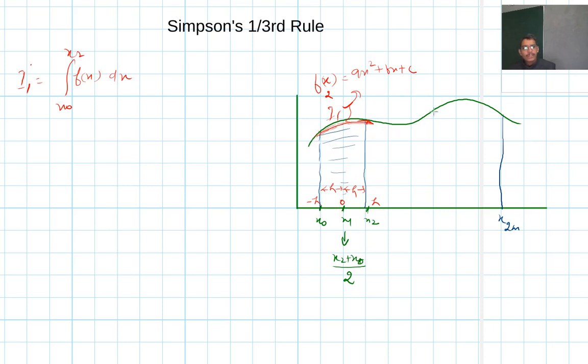and to find the integral of the whole region I will generalize this later on. Say this is approximated by this second order polynomial, so it is the integral of f2(x) dx, and what is f2(x)?